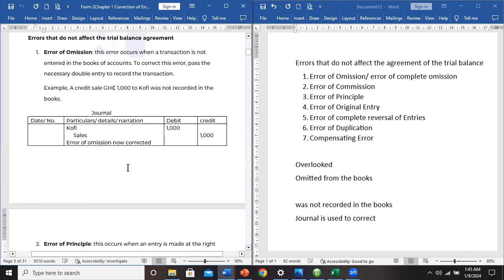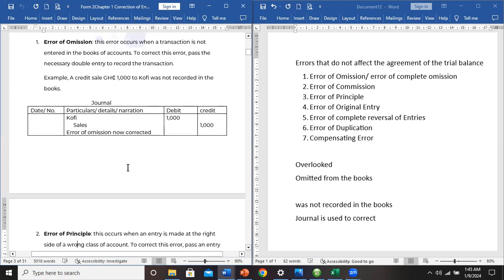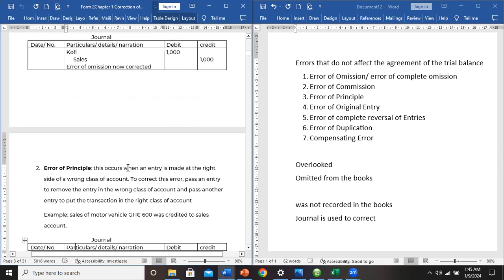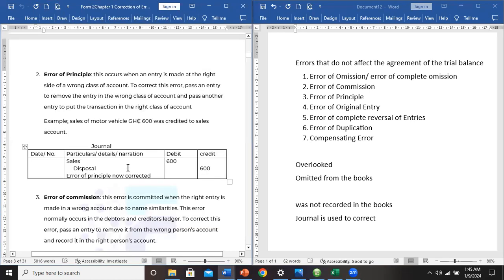Any question on that before we move to the next one? No question. Okay. Error of principle, number 2. We are saying that this error occurs when an entry is made at the right side of a wrong class of account.